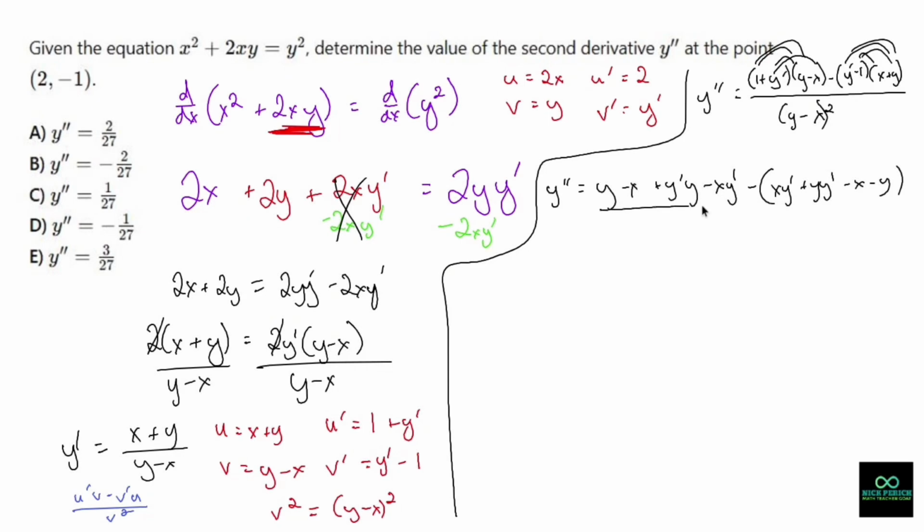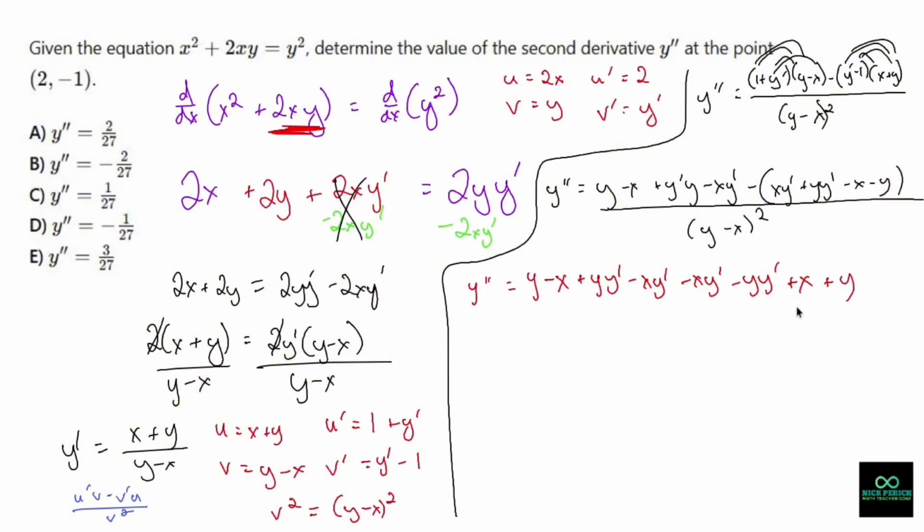And that's still all over y minus x squared. Let's distribute that negative. Y double prime is going to equal y minus x plus y prime y minus x y prime, minus x y prime, how nice, minus y y prime, how nice, plus x plus y. So lots of stuff here disappears.